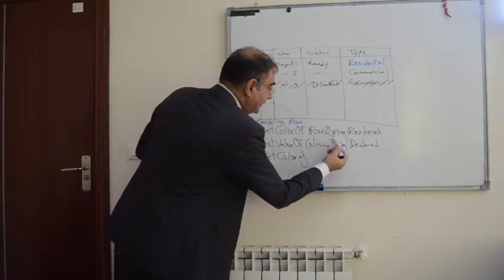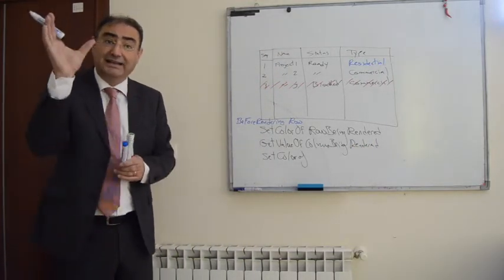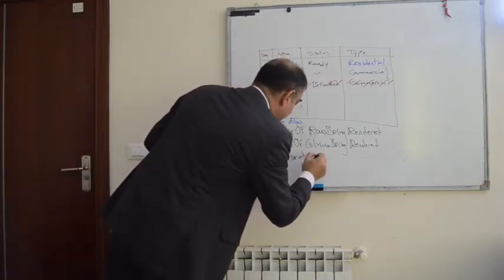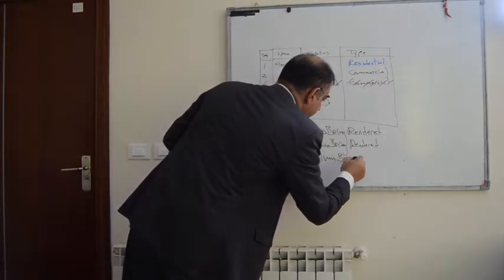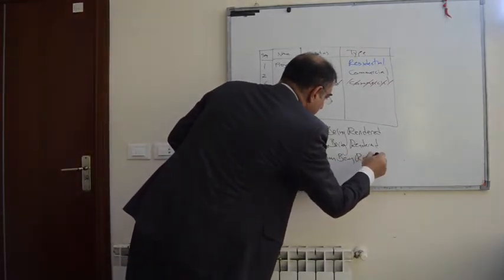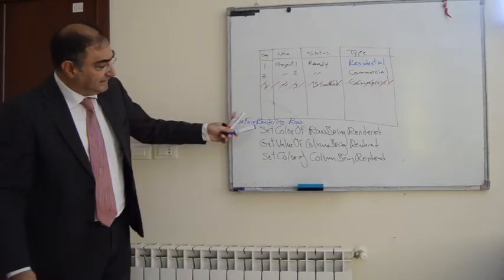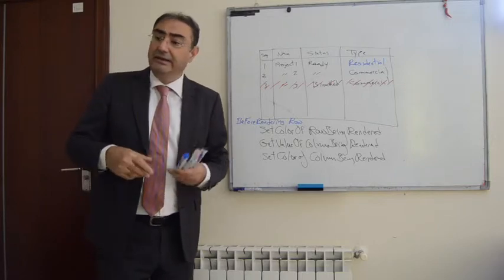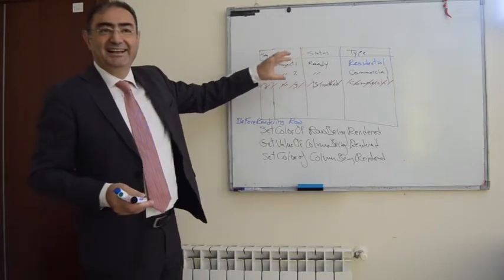Here we set color of row being rendered, but we don't want to set the color of the whole row. We want to set the color of a specific column. So set color of column being rendered.